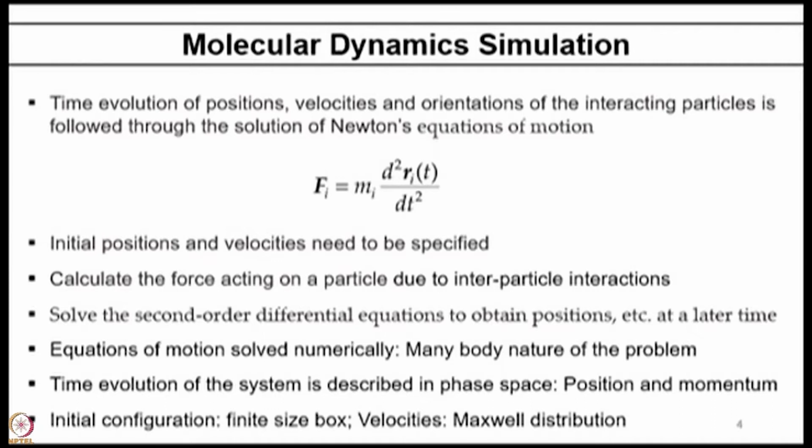Now, as I told you, it is a time averaging. We have to generate a temporal trajectory. The way we generate a temporal trajectory is by solving Newton's equation in classical mechanics. And the Newton equation is force equals mass times acceleration. So the method is just solving numerically, propagating a second order differential equation.